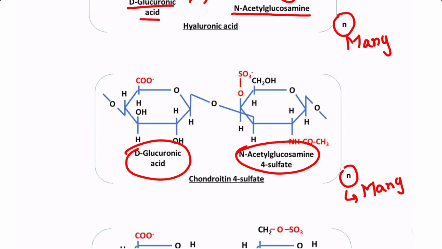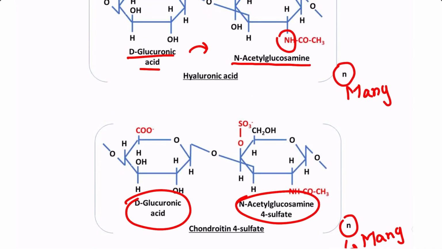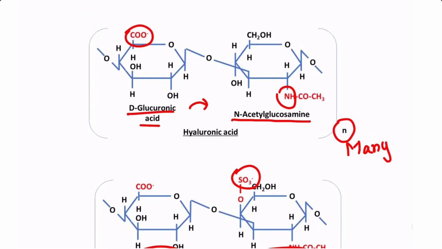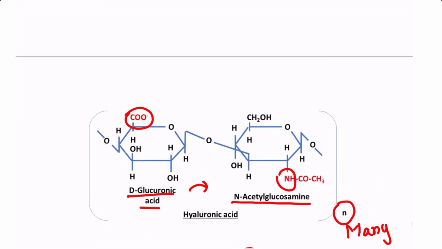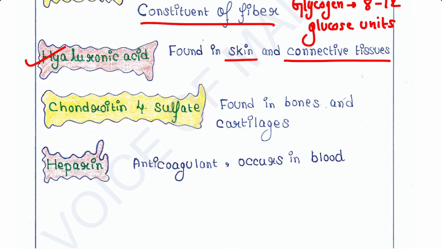The difference between hyaluronic acid and chondroitin 4-sulfate is that one sulfate group is extra here. Other than this, the structure is the same. That sulfate group is not present in hyaluronic acid. Chondroitin 4-sulfate is found in bones and cartilages.